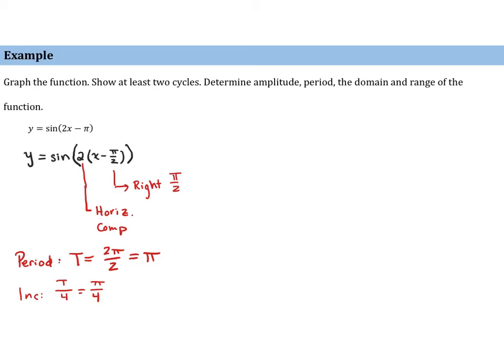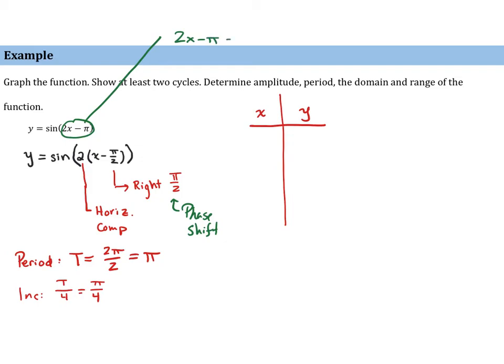Now, let's look at our table. And this is where we have something that we have not yet seen. The shift to the right of pi over 2 units, that is called the phase shift. So the phase shift is easily found by just taking the argument, 2x minus pi, and setting it equal to 0. So if that happens, we have x equals pi over 2.